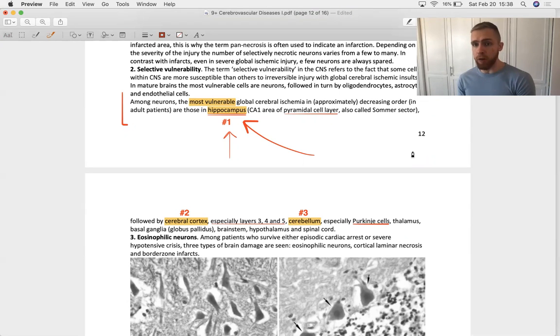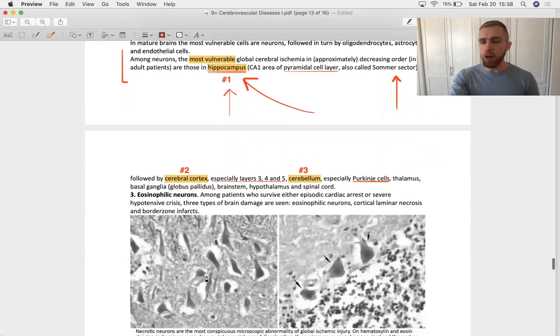And in the setting of one of those pathologies, remember, hippocampus is number one, particularly this area called Sommer's sector, which has large pyramidal cells, followed by the cerebral cortex, number two. If the hippocampus is not an option in this question, you're going to roll with the neocortex layers 3, 4, and 5. And then after that, the cerebellum, especially those large GABAergic output Purkinje cells, which receive inputs from the mossy and climbing fibers and are going to output via the superior peduncles.